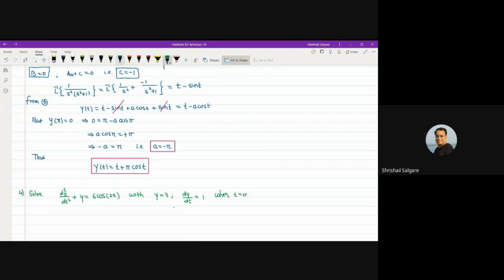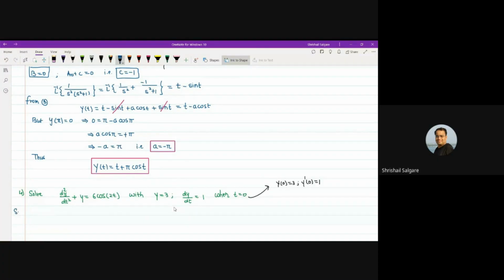Now again, these conditions you may write as y of 0 is equal to 3, y dash of 0 is equal to 1. Okay. Now start with the given.